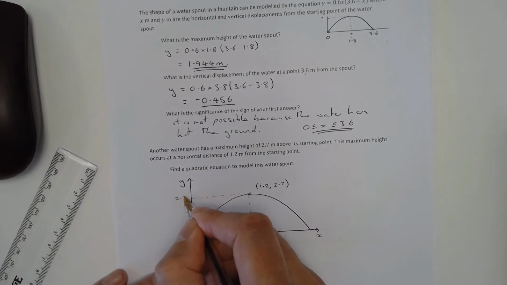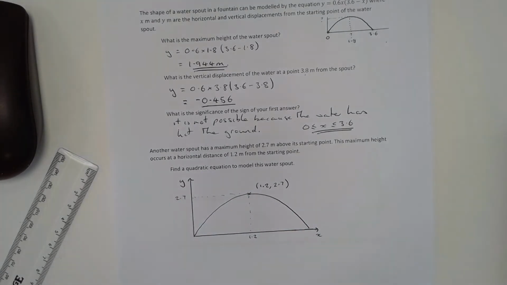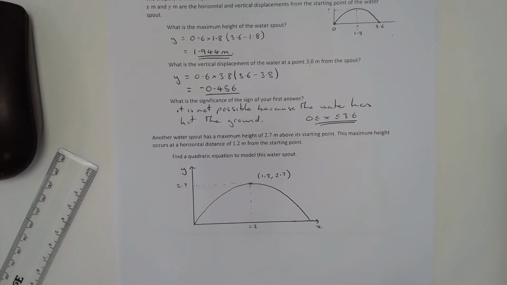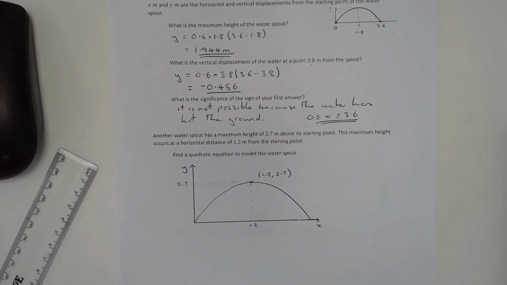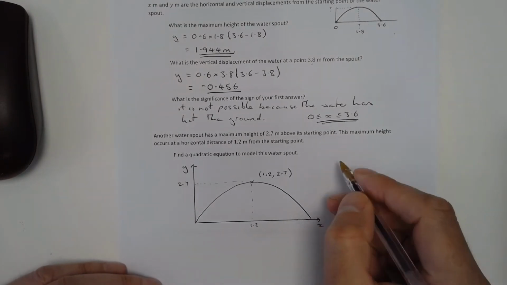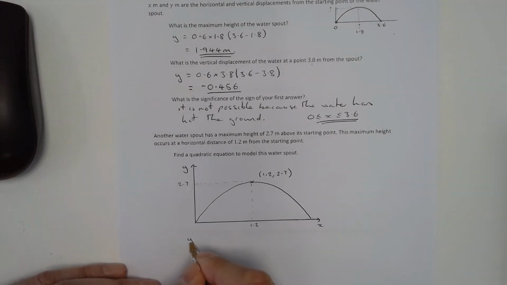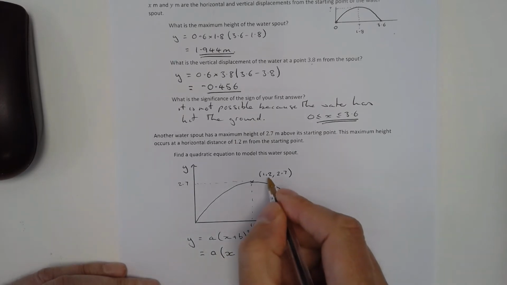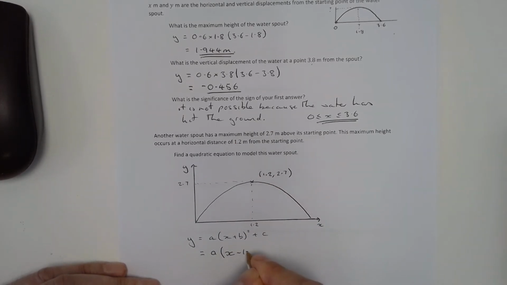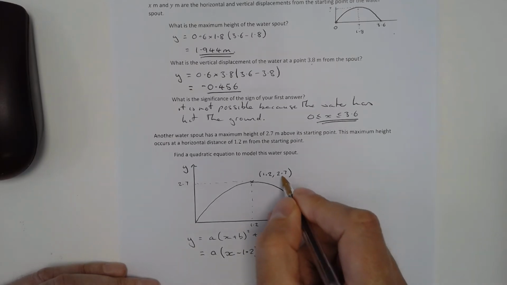Okay, so I'm going to use the completed the square version here to create a model for this. So we know our completed the square form is y equals a times (x plus b) squared plus c. So in this case I know that I have something multiplied by x minus 1.2 squared, plus 2.7.